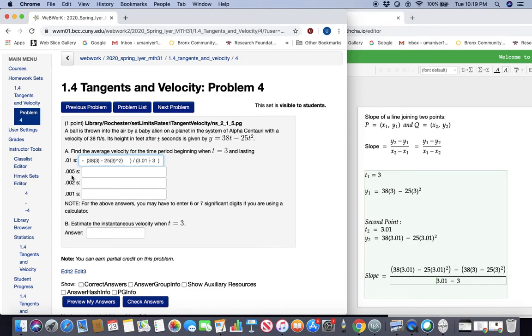The second one is t starting at 3 and going for 0.005. So instead of 0.01, you have 0.005. That's all. So I'll copy this expression, and where I see 0.01, I'll replace it by 0.005. Instead of 3.01, it's going to be 3.005. So wherever I see 3.01, I replace it by 3.005.